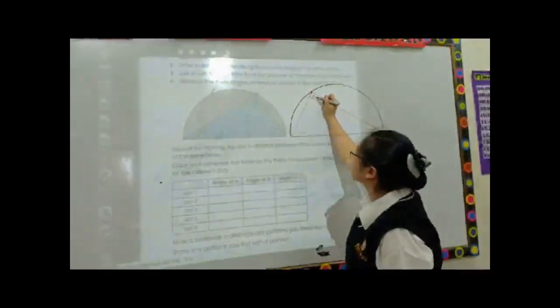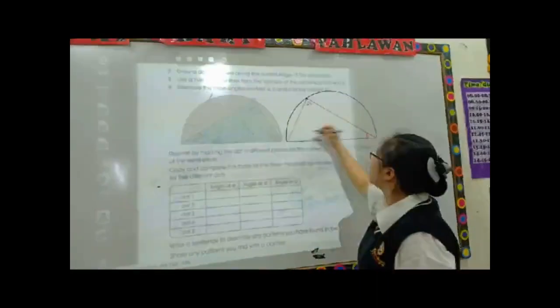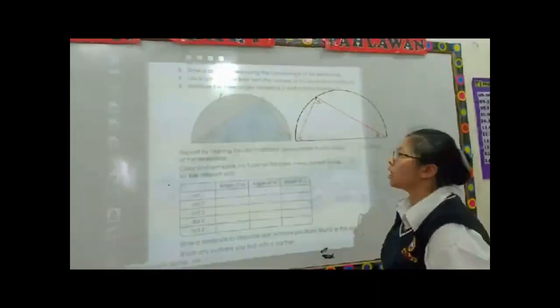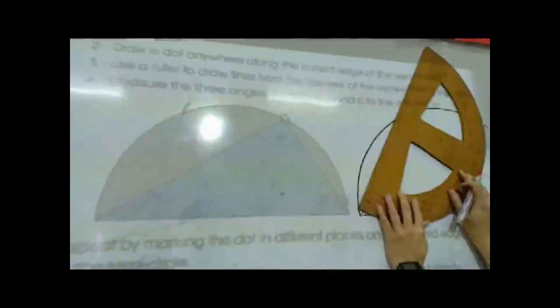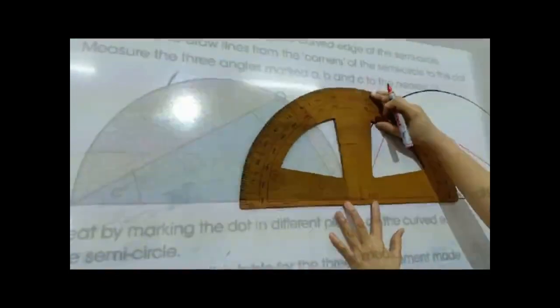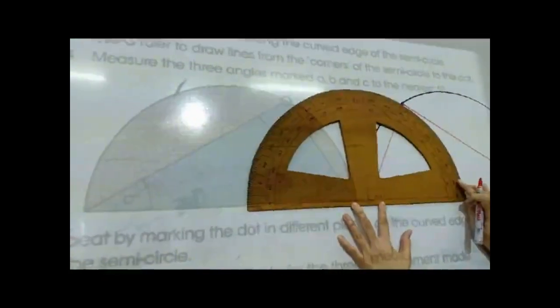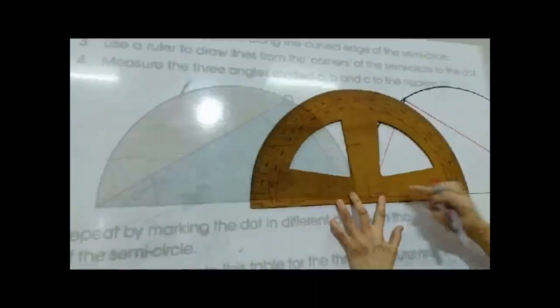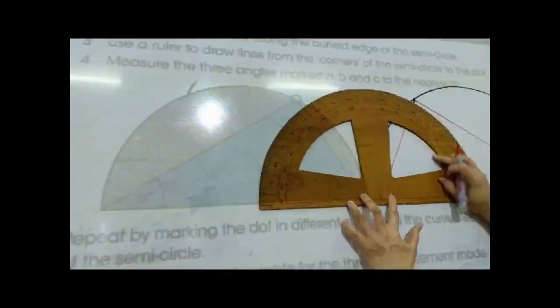This will be your angle A, this will always be your angle B, and this will always be your angle C. After that, you measure this angle, and then you record the number down here.